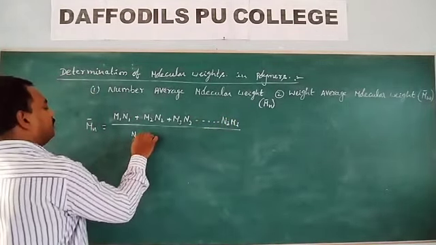Simply written, it is sigma Mi Ni by sigma Ni. This is the number average molecular weight.